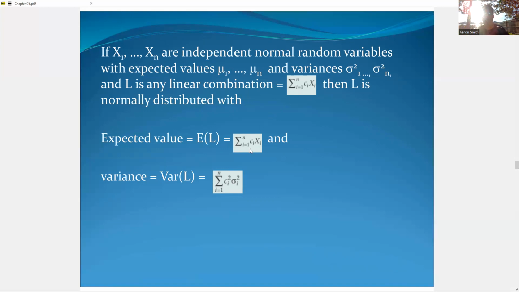And the expected value is just the sum of the expected values. There's an E missing here. There should be an E with that X. And the variance, as long as we have independence, is going to be the sum of the variances times their coefficients squared.